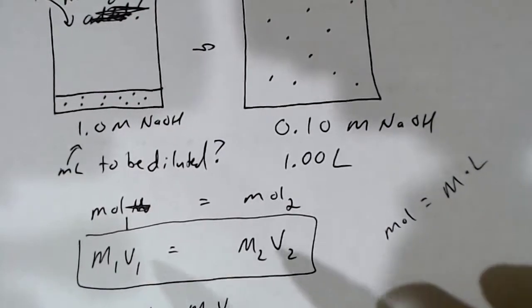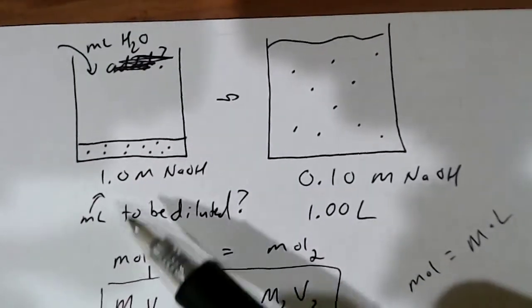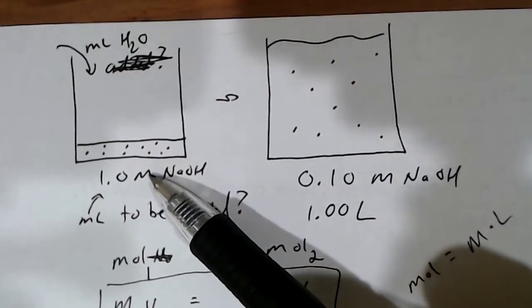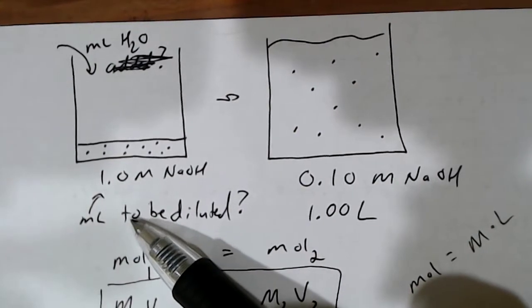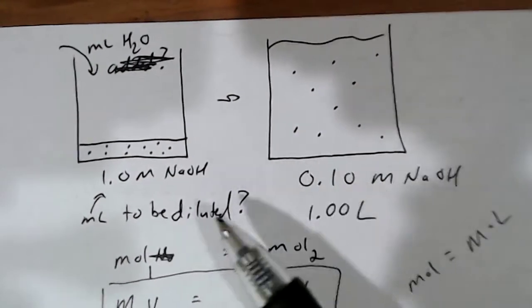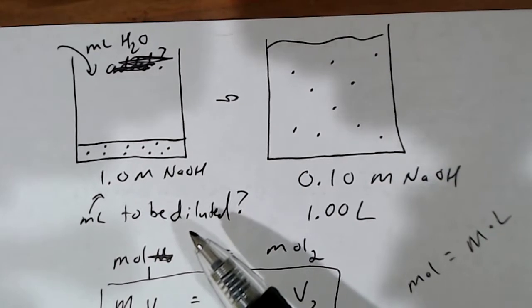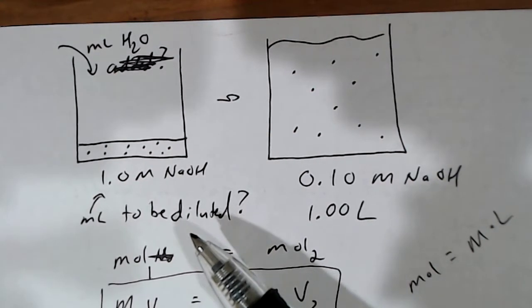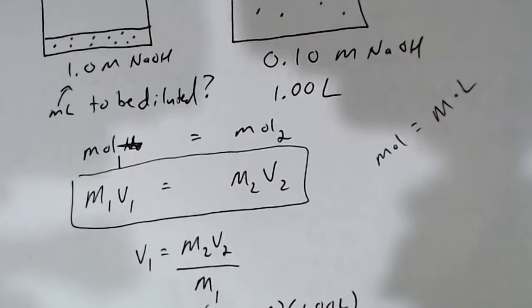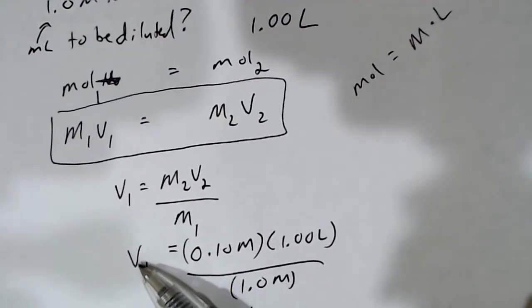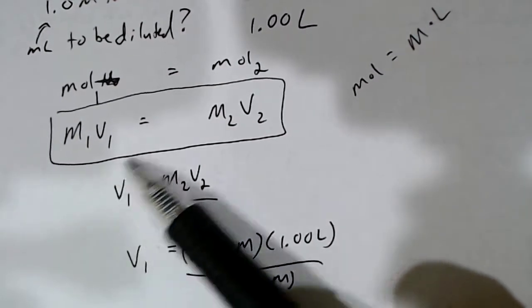And again, we're trying to find what is the volume of this concentrated 1.0 molar solution that we need to prepare this other solution. So we want to know the initial volume before dilution. We want to know the value of V1. So we can take that equation and manipulate it by dividing both sides by M1, and we get V1 is equal to M2V2 over M1.